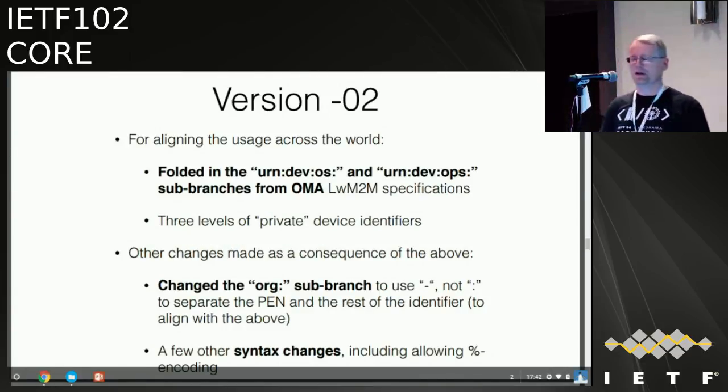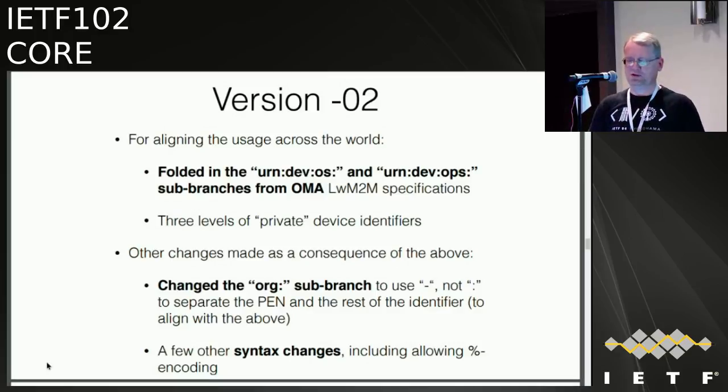Okay. So in version 02, this draft largely has been done for a while, but we wanted to see if we should integrate some of the other things that we've seen in the industry. One of the things that I looked into recently was the OMA lightweight machine-to-machine specifications.